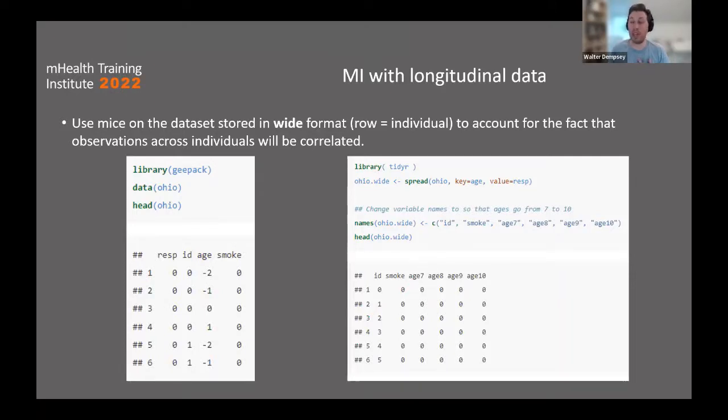For example, if my happy item is missing at a given time, mice will use the other values at that time to impute my happiness score. But you might say, actually I want to use my happiness scores at the previous EMA time and the next EMA time to do a better job.